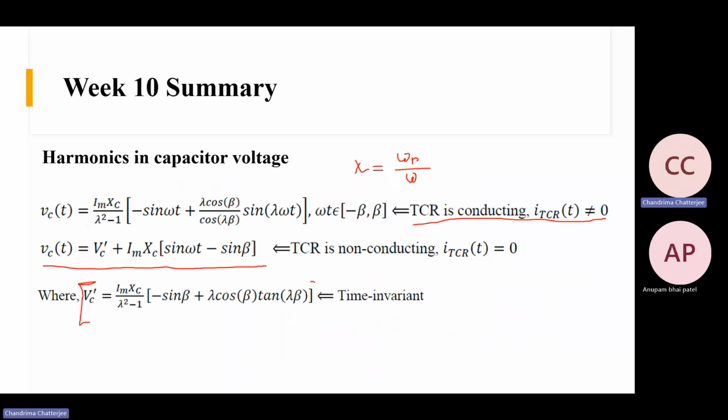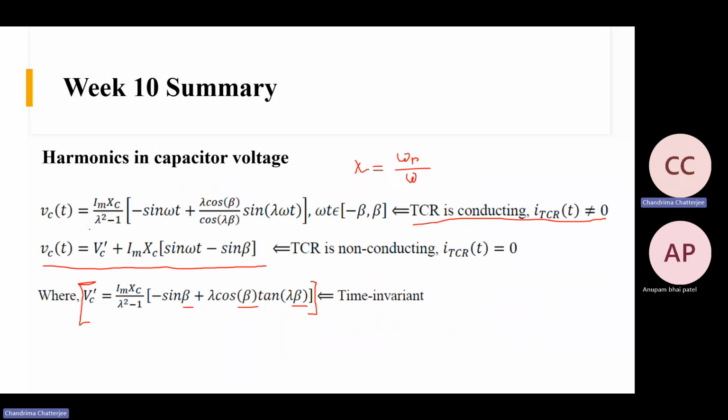This is time invariant. This whole thing, Im Xc by lambda square minus 1, is only dependent on beta, but there is no expression of time. So this is time invariant. So we got two equations based on whether the TCR is conducting or non-conducting.